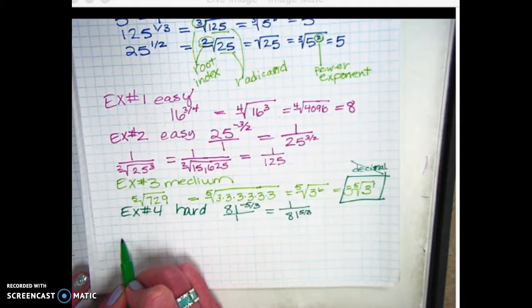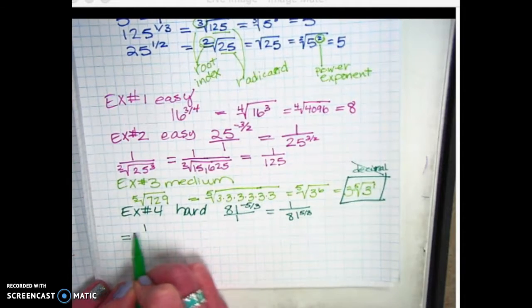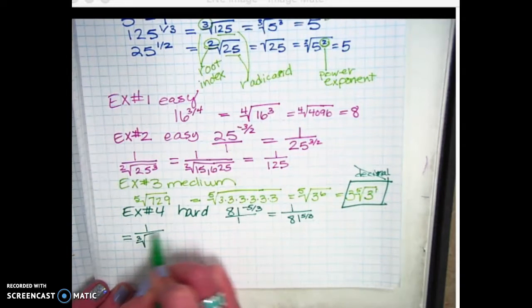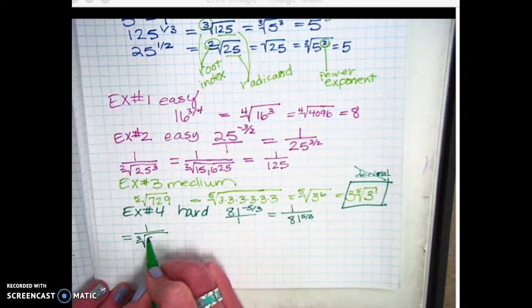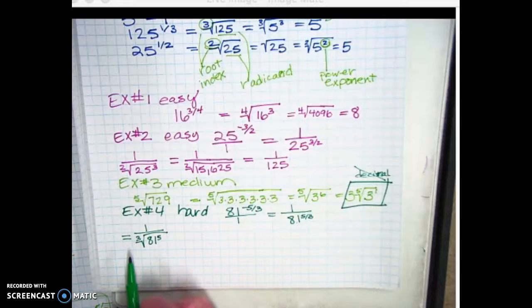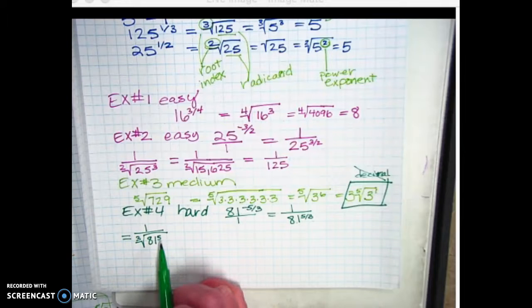Okay, so let's rewrite that with the 3rd root and then 81 to the 5th as our radicand. But we only want a 3rd root. So 81 to the 3rd could come out, right?